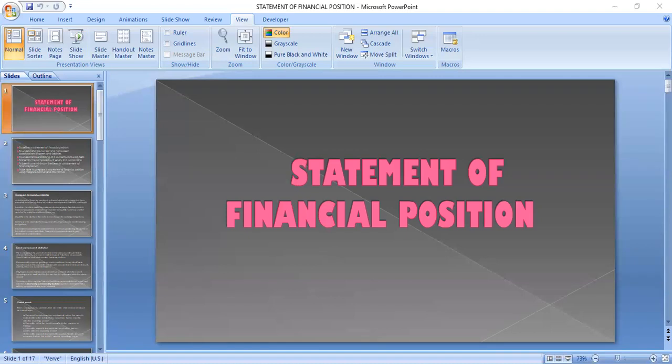Then we have now contingent assets as a possible asset that arises from past event and whose existence will be confirmed only by the occurrence or non-occurrence of one or more uncertain future events not wholly within the control of the entity. Contingent assets usually arise from unplanned or other unexpected events that give rise to the possibility of an inflow of economic benefits to the entity.